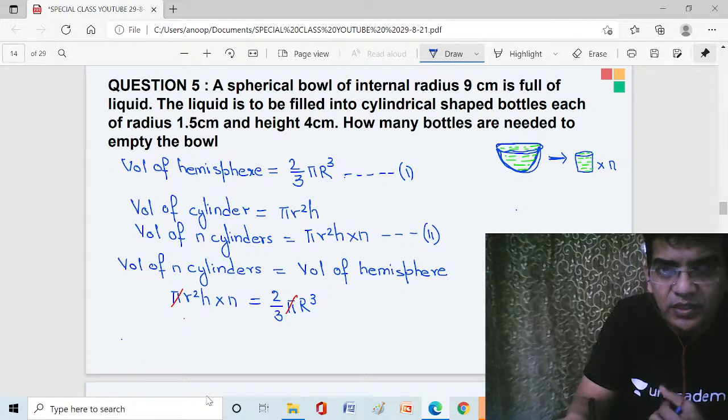So radius is 1.5 and the height is 4. On the right side, we have 2 upon 3 into r cube. Now this is the radius of hemisphere, and you can see the question, the radius of hemisphere is giving us 9.